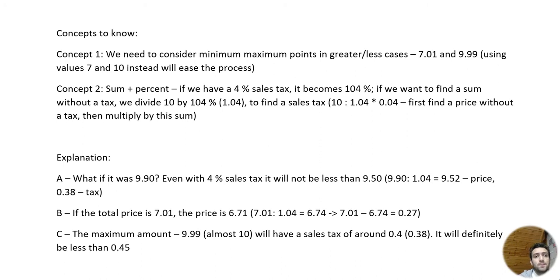So let's consider that the total amount was 9.99, the maximum amount. With a 4% sales tax, it will be like this. We divide 9.90 by 1.04 or 104%, it will be 9.52, and automatically 0.38 will be the sales tax.